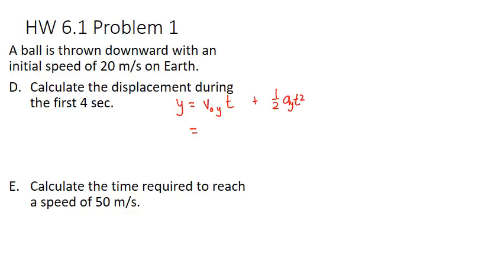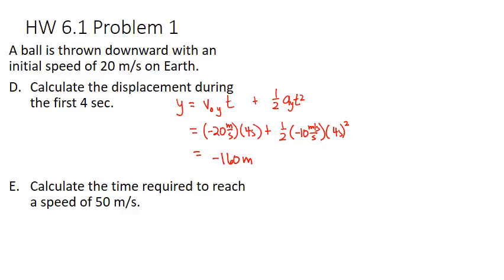I know from the problem that V0y is negative 20 meters per second, and t is 4 seconds. And then my ay is minus 10 meters per second squared, and t is still 4 seconds, and I'm going to square that. And when I calculate it, I should get minus 160 meters.